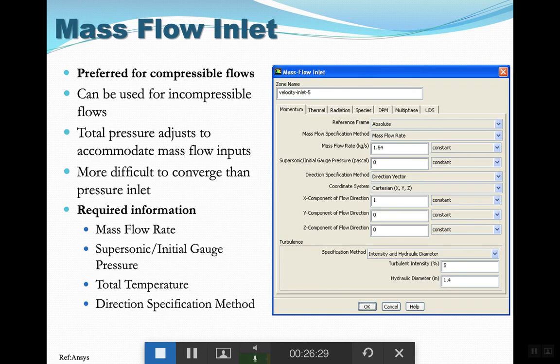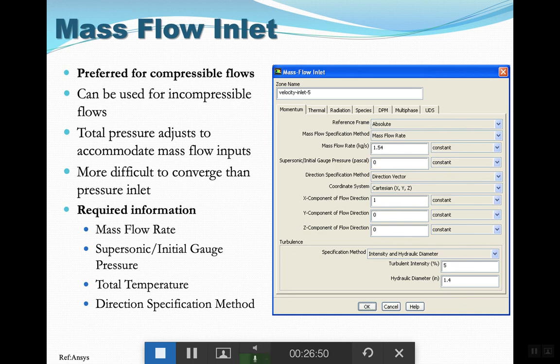The next one is your mass flow inlet. In mass flow inlet, you provide the mass flow. Instead of providing the pressure, instead of providing the velocity inlet, you're directly providing the mass flow at your boundary condition.